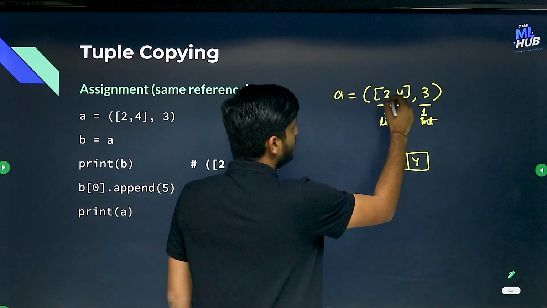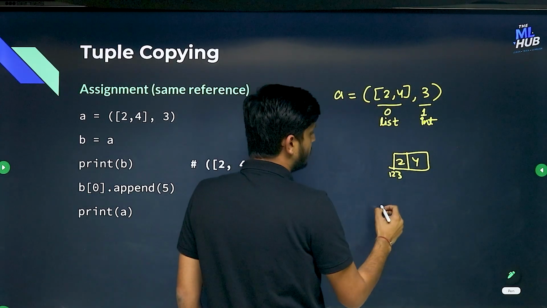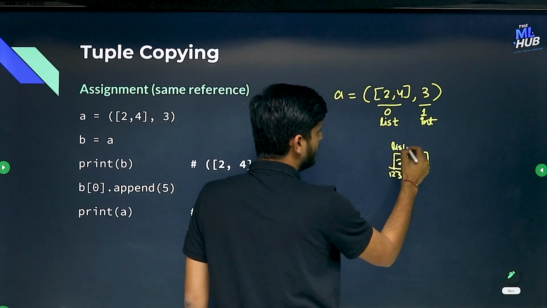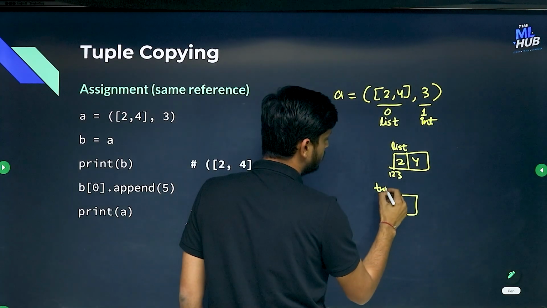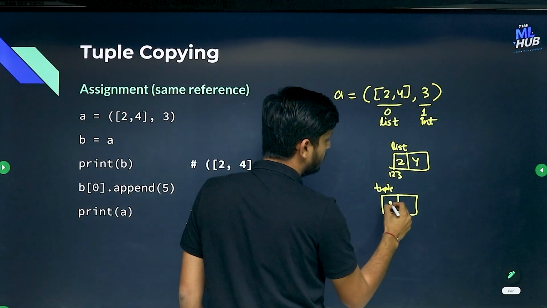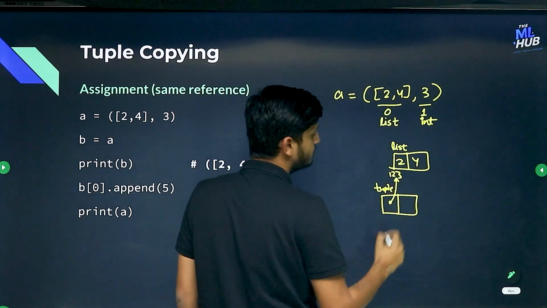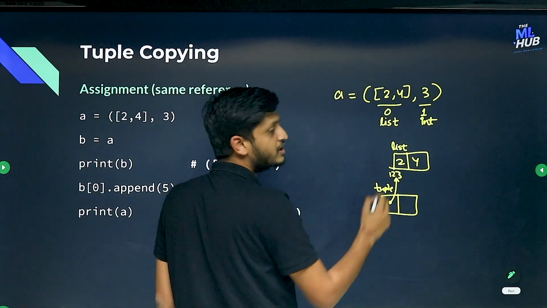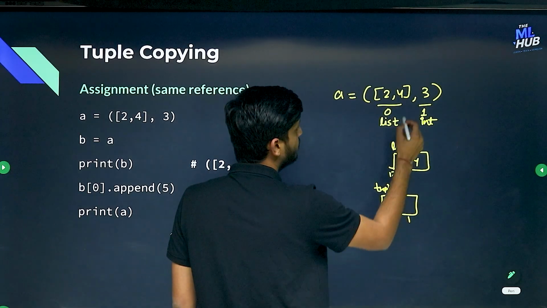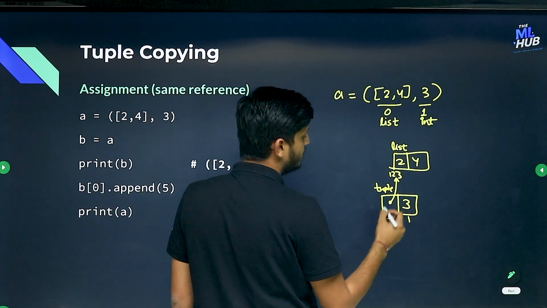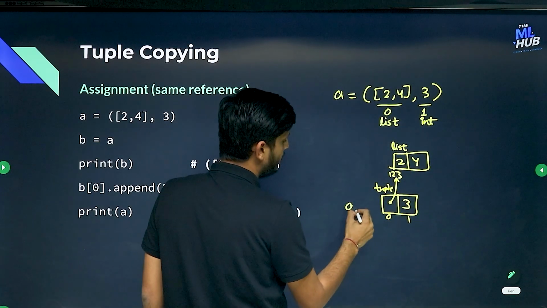This is the 0th element of the tuple. Always remember the type as well: this is a list, and you are creating a tuple in which the 0th element points to this list. So here you just store the address of this list. At index 1 you are storing the integer 3, and variable a will be pointing at this memory location.